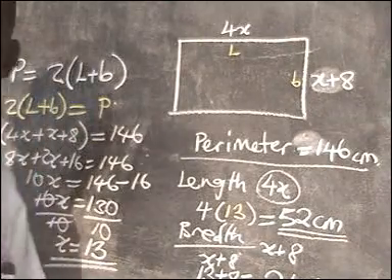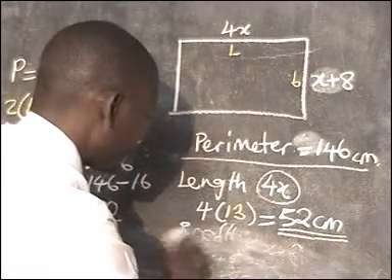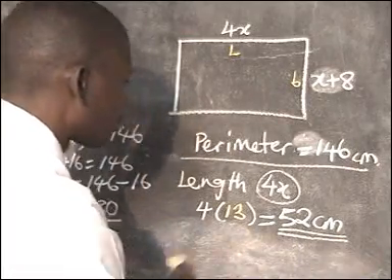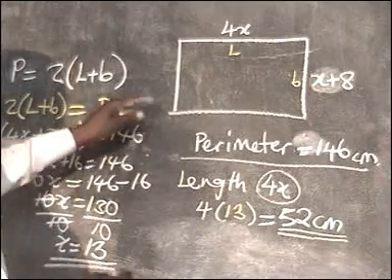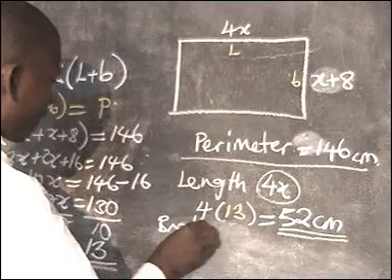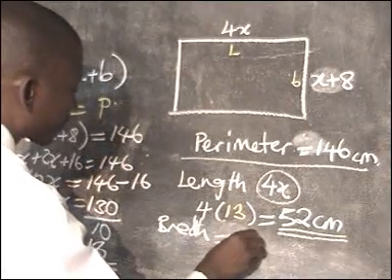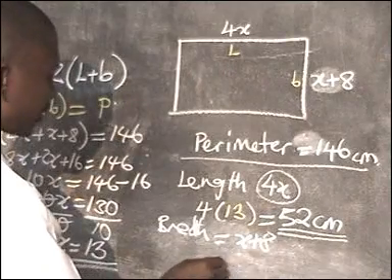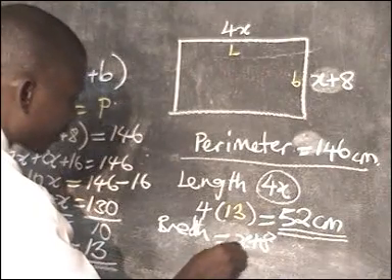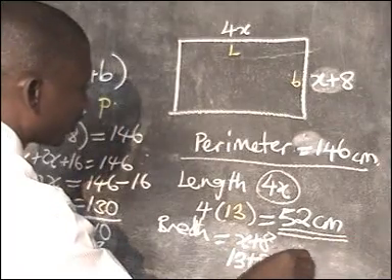That is how to work out this problem. I have to write where there is enough space. What I'm saying is that the breadth is equals to x plus 8, which means x is 13, and 13 plus 8, you get 22.